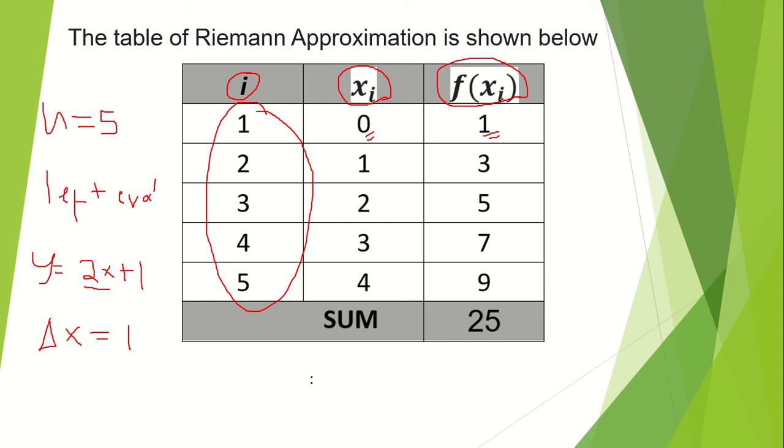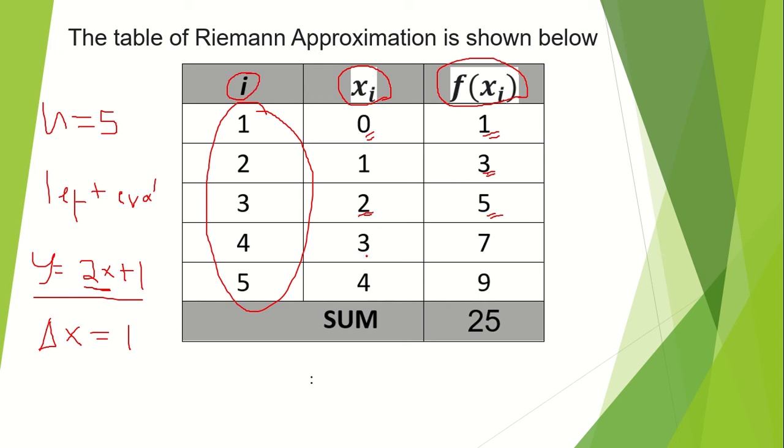Substitute to find f of x sub i. 1 times 2 is 2 plus 1 is 3. For the third rectangle, x sub i is equal to 2. Again, substitute to our given function. 2 times 2 is 4 plus 1 gives us 5.